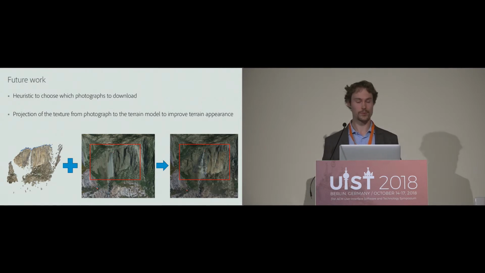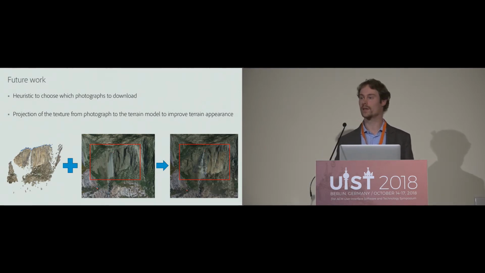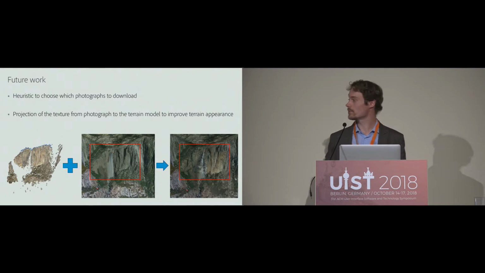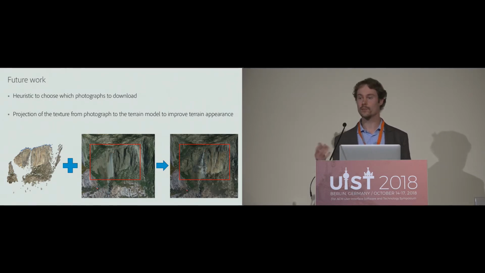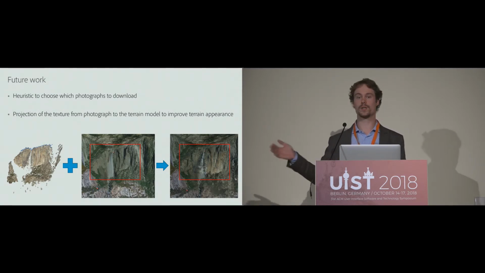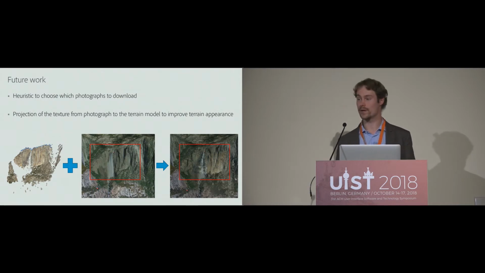So possible future work is to extend this approach by some heuristic, which will be able to somehow define which locations specifically in the area are more interesting and which are likely to be matched with different images, and so we can mitigate the download time of those images, and also we may improve the representation of the terrain model by using our own reconstructions, because these landmarks can be reconstructed pretty well with a lot of pictures, and we may use this information to back project, for example, the texture into the terrain, so that the terrain looks nicer in these areas of interest.